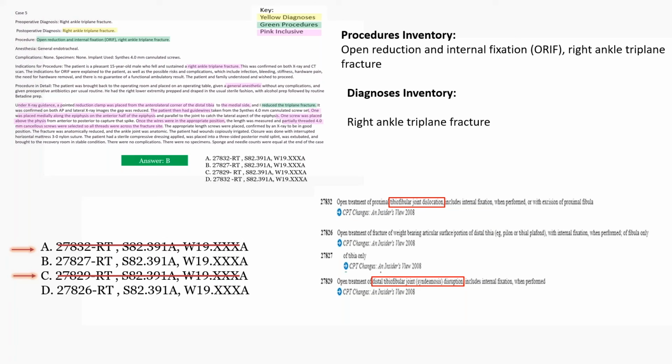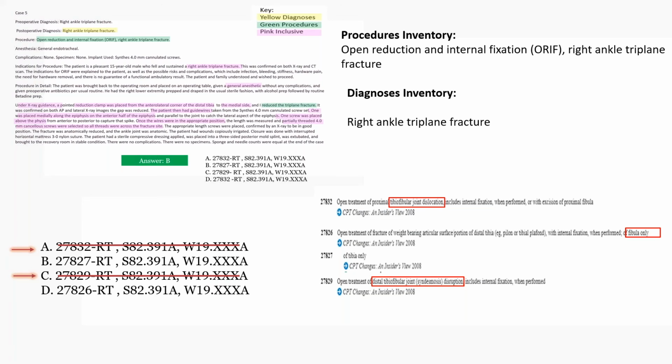The remaining two options, which must have confused you all, are option B and option D. The correct answer was option B, because option D, 27826, is coding for an open treatment of fracture of weight bearing articular surface portion of distal tibia with internal fixation when performed of fibula only.